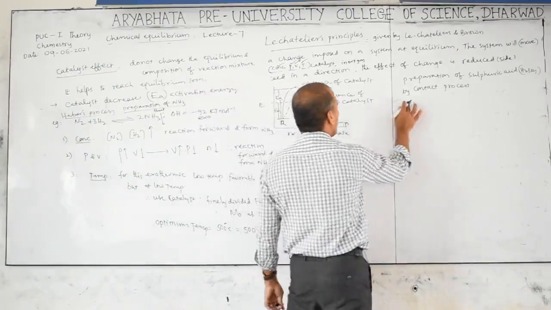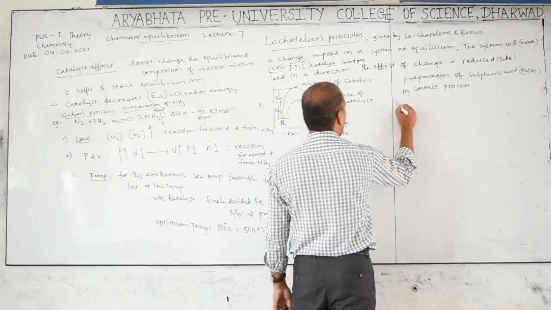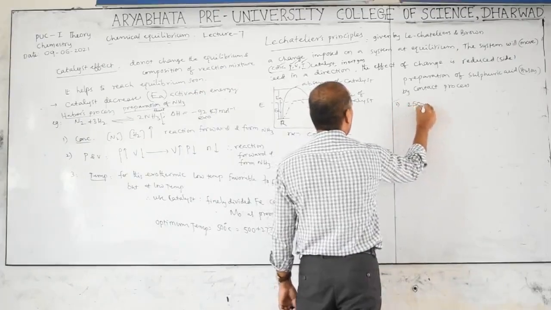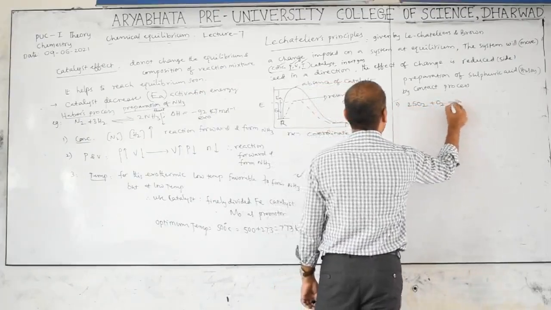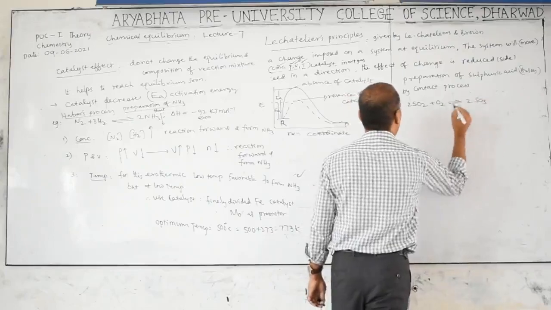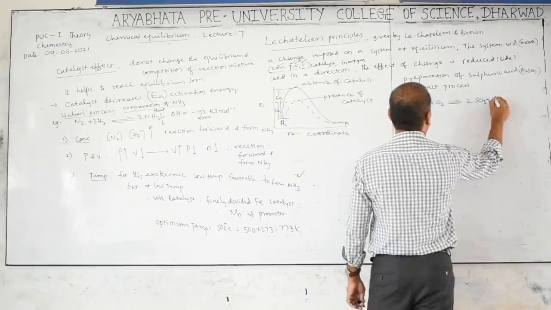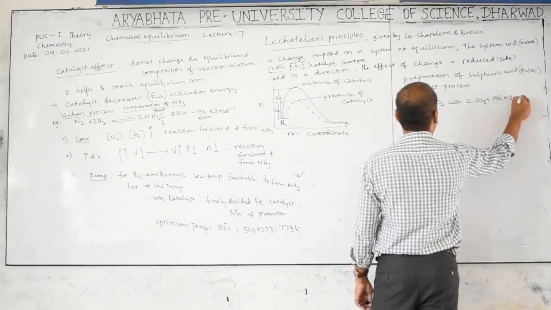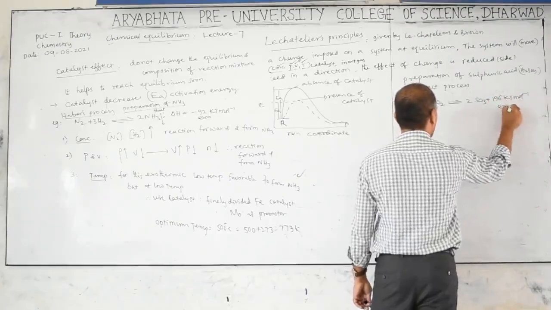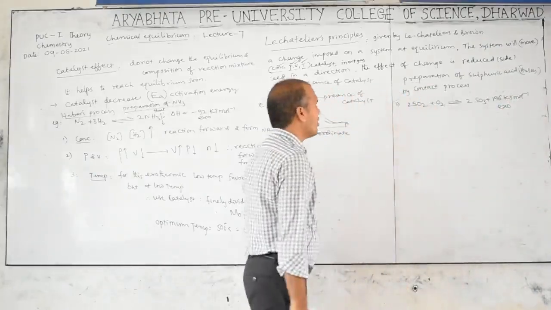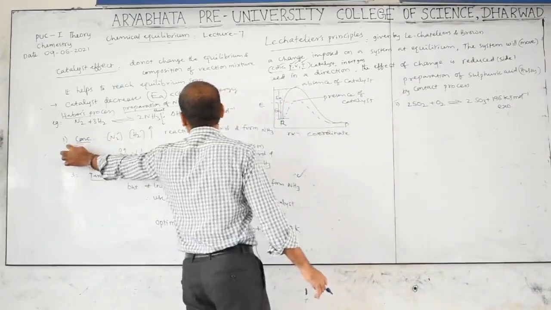So now keep in mind, first one is 2SO2 plus O2 gives rise to 2SO3, for this reaction plus 196 kilojoule per mole. This is an exothermic reaction. First one is concentration effect.